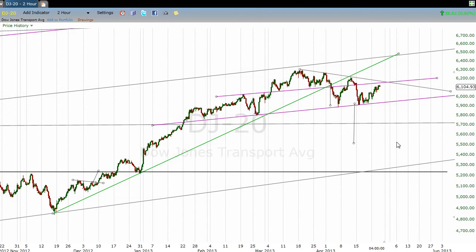On the other hand, if this line were to break, then we would know to expect a new high in the transportation average. Because if this line breaks, we should be getting up to 64.50, something like that. That would mean this entire pattern, instead of being a head and shoulders reversal, would turn into a triangle consolidation. Right now, I'm thinking reversal, but still watch this line just the same.